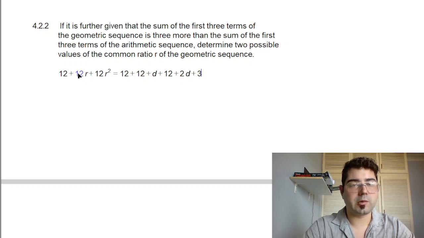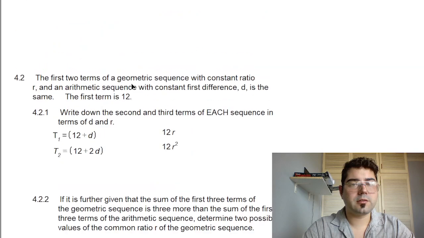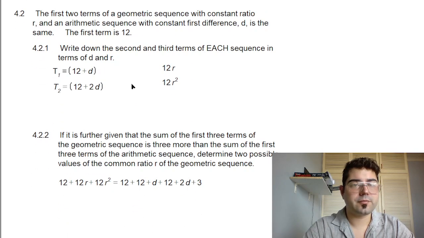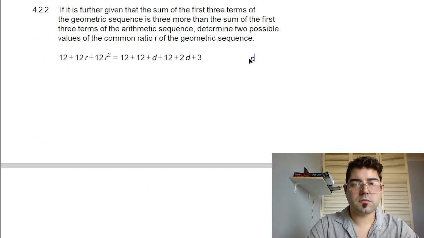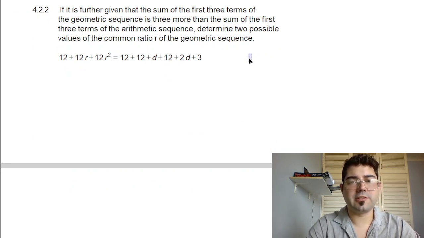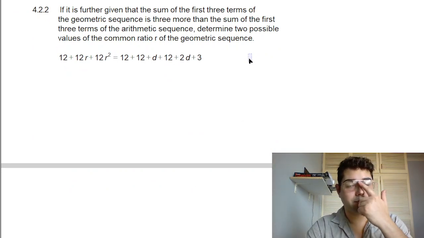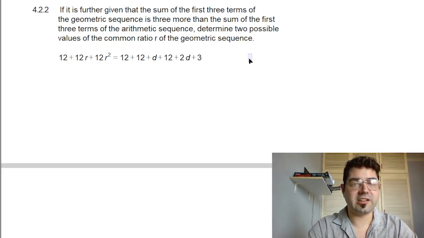Unfortunately, this is just one equation, and there are 2 unknowns. So we need to go look at some other information that can help us to get d in terms of r. They tell us in the previous question that both of the first 2 terms of the sequence are the same.